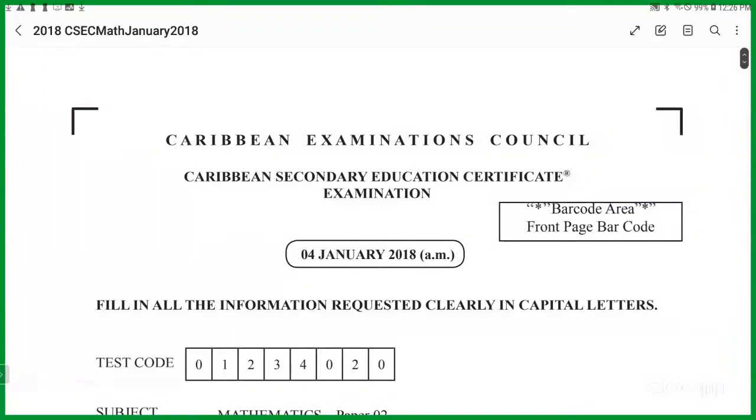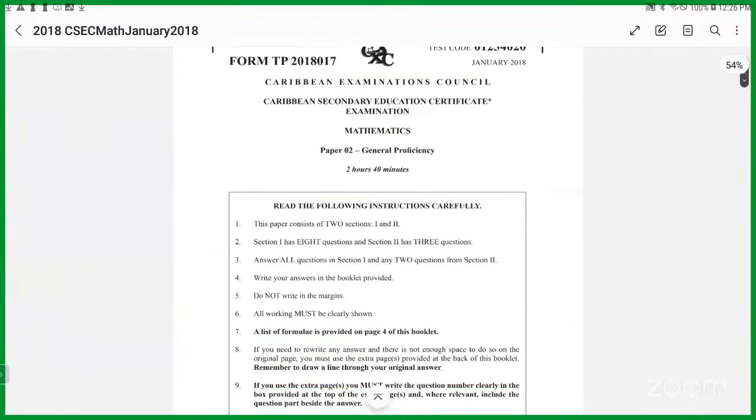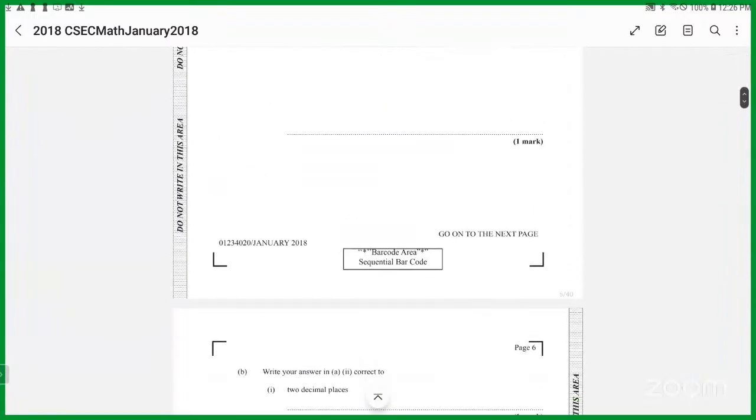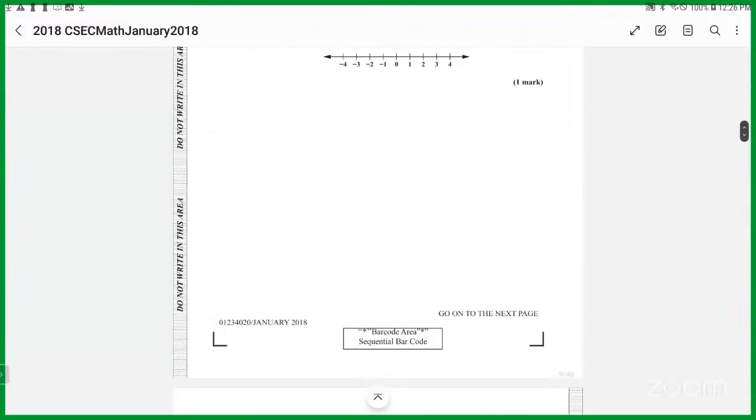Alright. So this one is number 6. This is a full question. Number 6 on this paper.